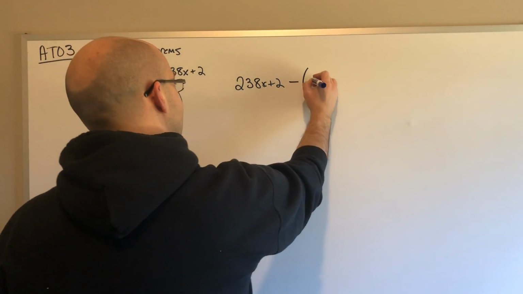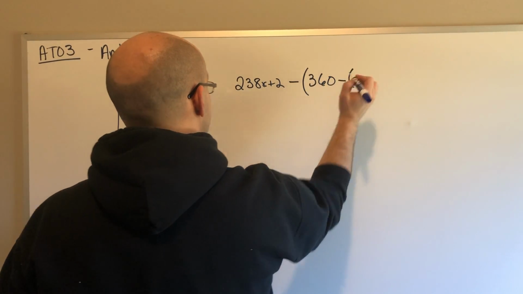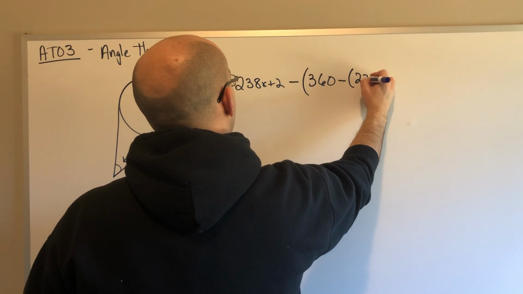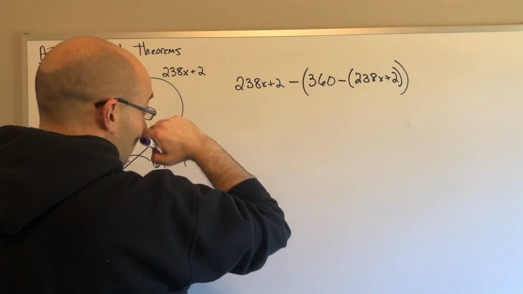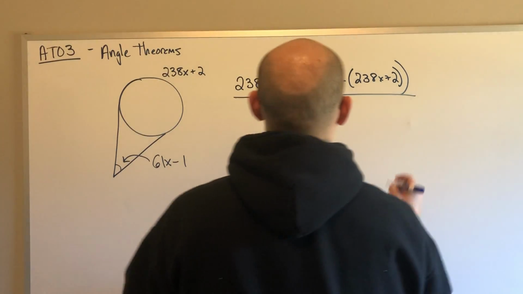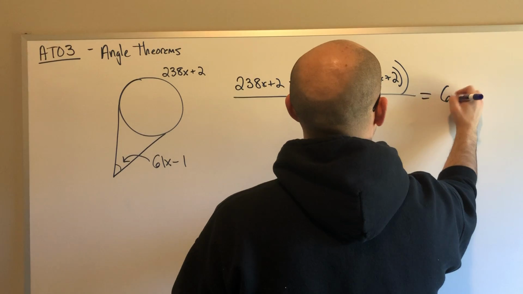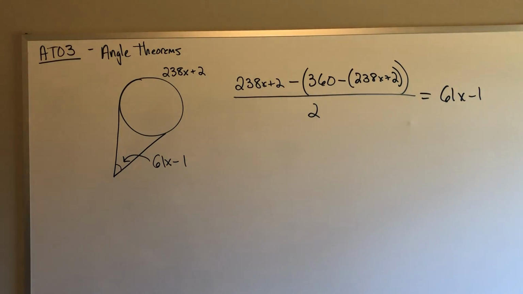That quantity is going to be 360 minus the quantity, so it's a double quantity, of what I do know, which is 238x plus 2. And that is going to be divided by 2, and that will equal my unknown angle, which is 61x minus 1.